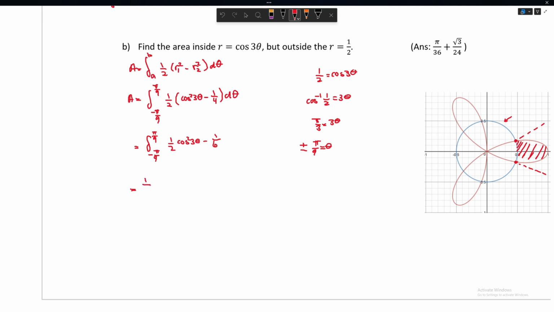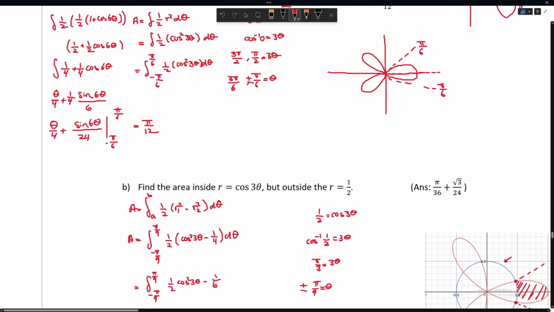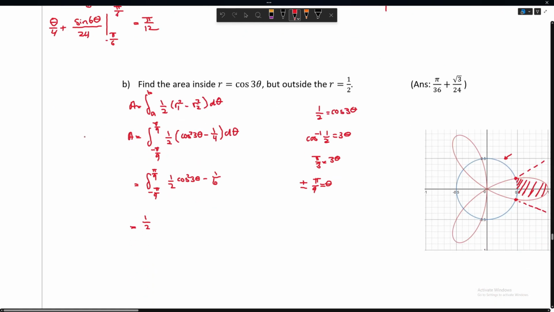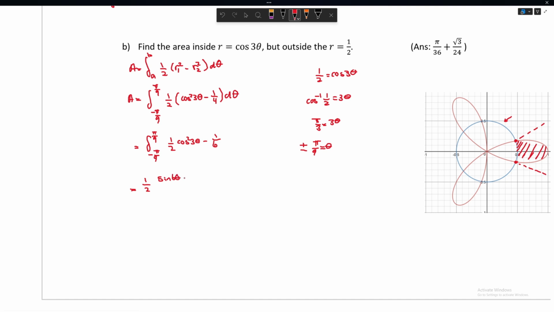We're going to use half angle again, and since we did it up here, we got sine 6 theta divided by 6 times the half, minus the integral of this, which is just theta over 6. So this equals sine 6 theta all over 12 minus theta over 6, and this whole thing goes from negative pi over 9 to pi over 9.